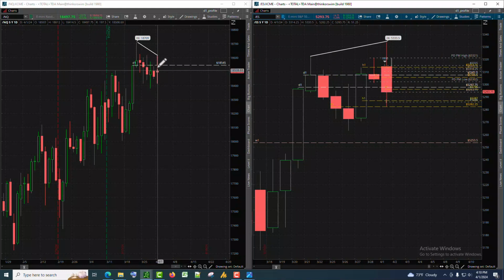Look at the NQ, it does not come down hard at all, but you see that for the NQ it closes below this critical level right there, and the ES also closes below this level, so it tells us that it starts coming down.